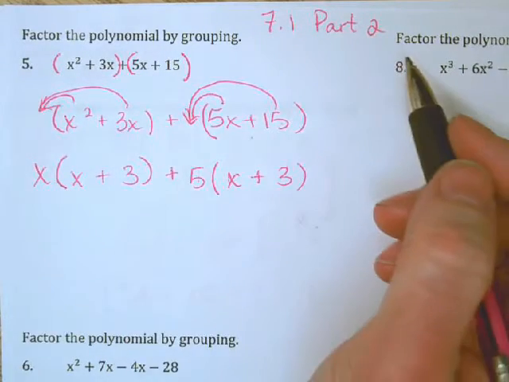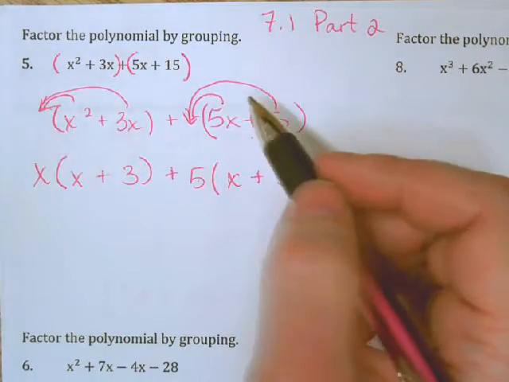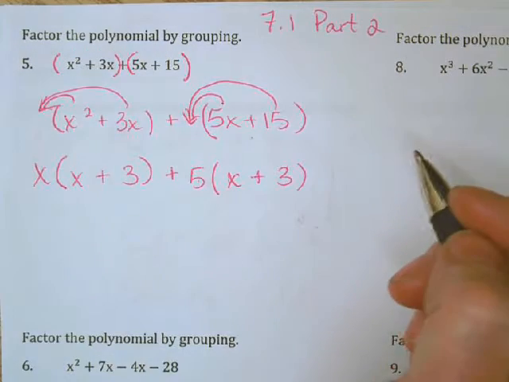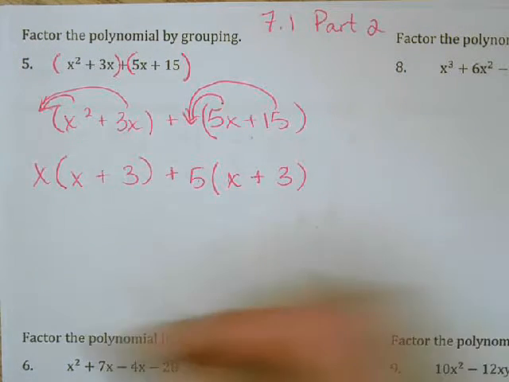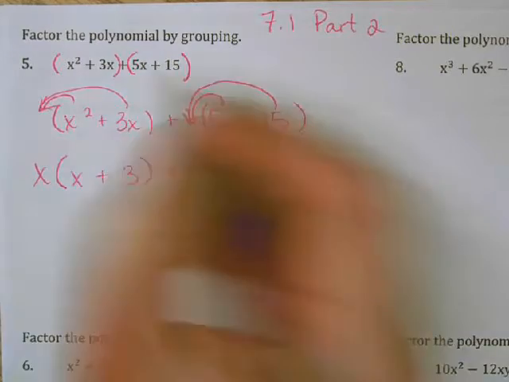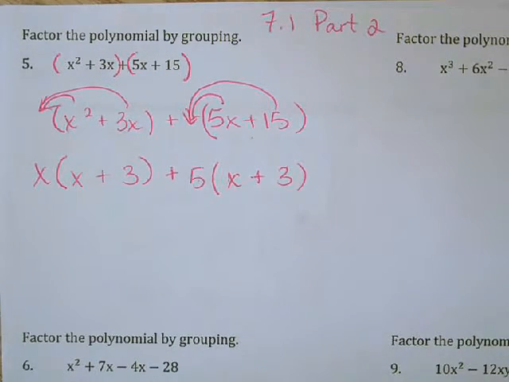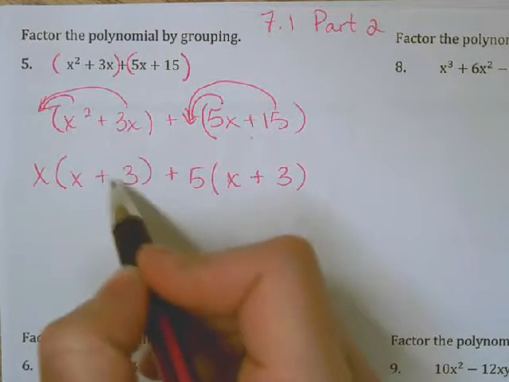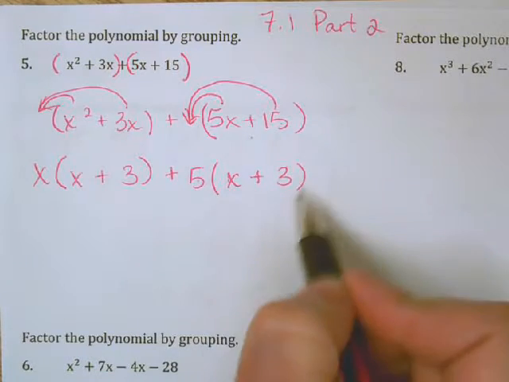So I don't want to combine my like terms because I'm factoring by grouping here, and that's part of why I'm doing this. Now, what you might notice is that my section in the parentheses, my factor in the parentheses, are both x plus 3.